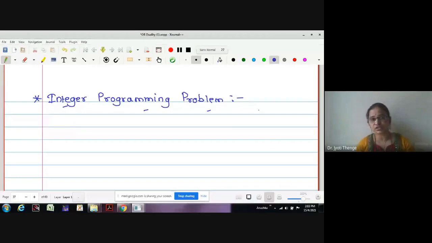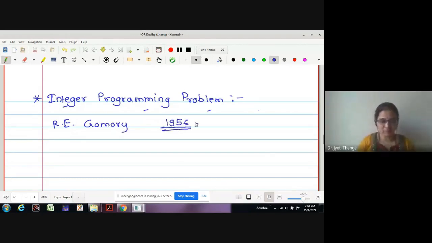Therefore, those programming problems in which the decision variables are restricted to be integer valued are called integer programming problems. And the first method to solve integer programming problems was given by a mathematician, R.E. Gomory, in 1956.